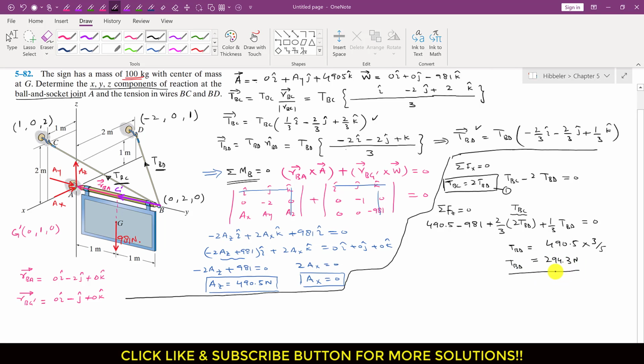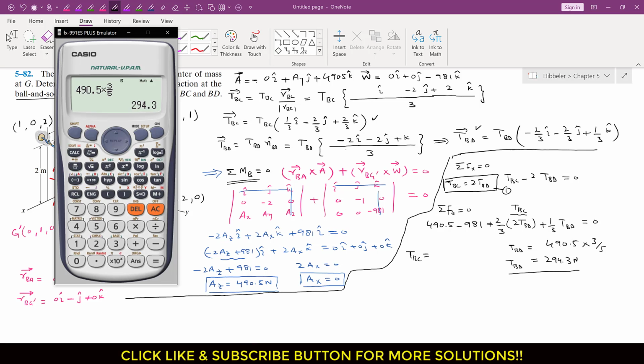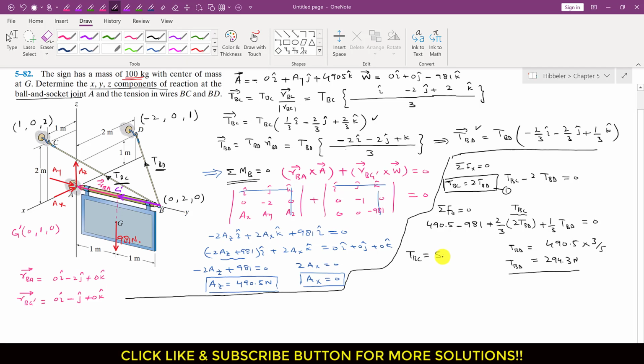Now as we know from this equation that TBC is 2 times TBD, we will multiply this answer by 2. So this is 588.6, which is approximately 589. So I will write this as 589 newtons. So this is the TBC.